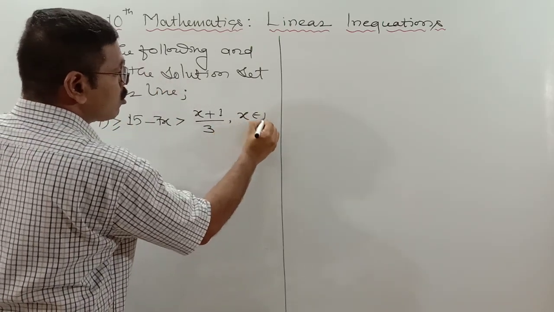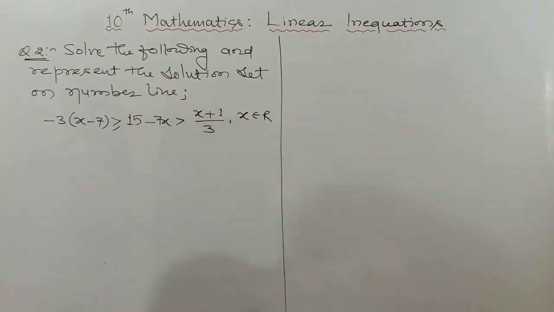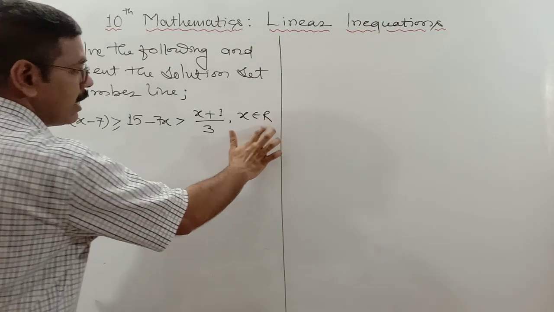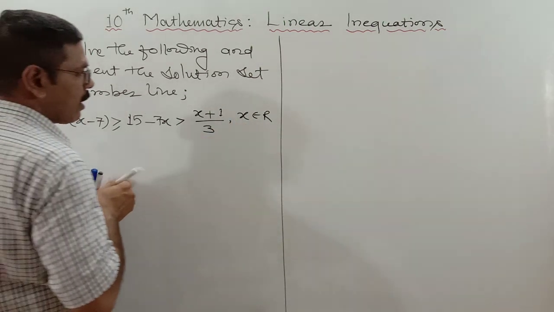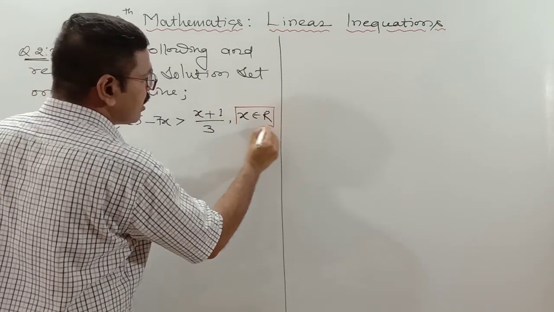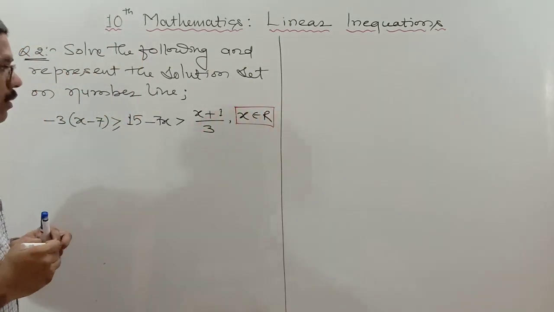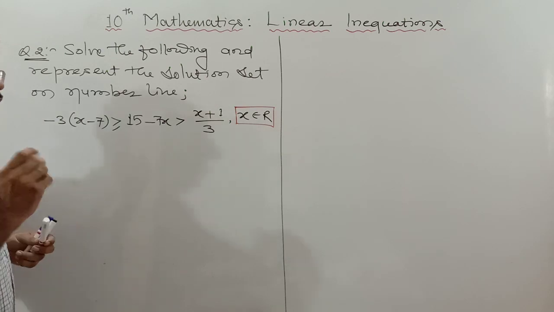Here x belongs to R. See, this is exactly a good question. It can be said it is a complete question, in the sense that it is a question of real numbers. Here the solution set will be written in a different form and the representation will also include something else.